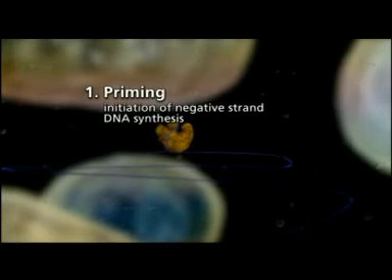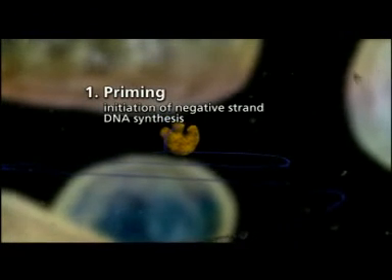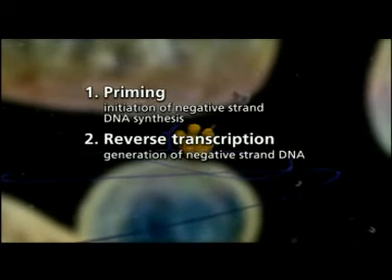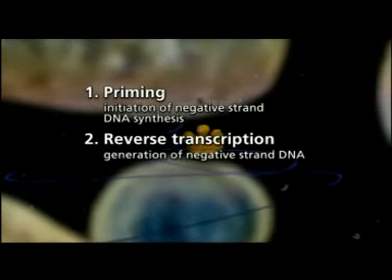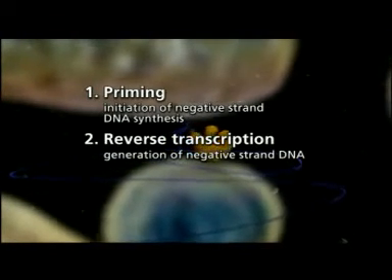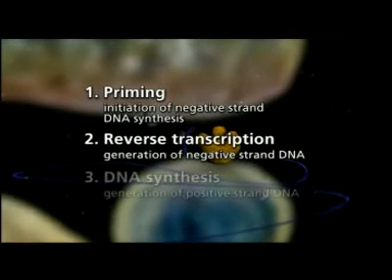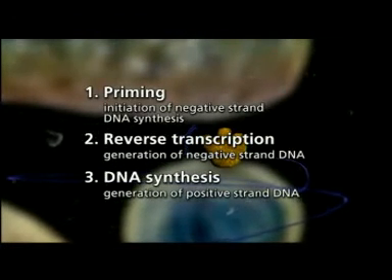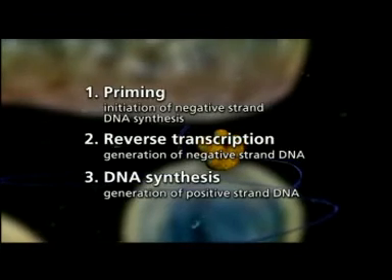To accomplish this, 3 sequential steps must be completed. Firstly, a priming step initiates the process of negative strand DNA synthesis. Then, the negative strand of DNA is generated by reverse transcription with degradation of pregenomic RNA. And thirdly, the complementary or positive strand of DNA is synthesized to result in an infectious DNA genome.